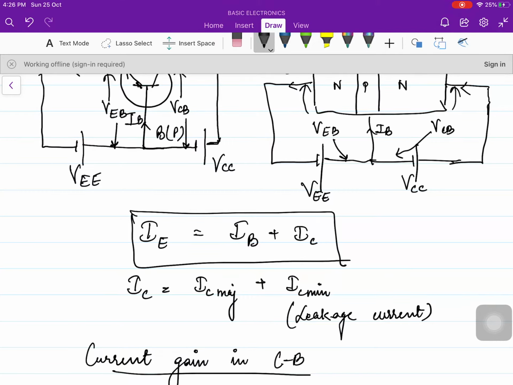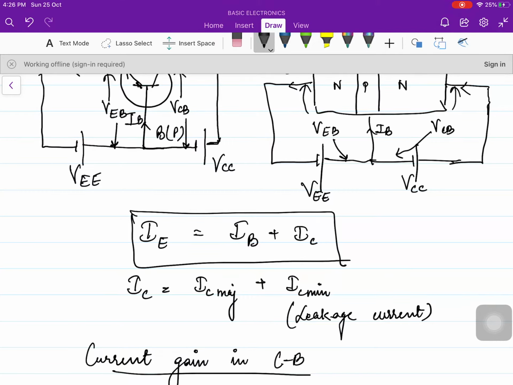Now let us see the characteristics of common base configuration. Very important. You get a question of 10 marks in the university exams of this topic. Characteristics of common base. So whenever we talk about the characteristics, it is the graph between voltage and current.